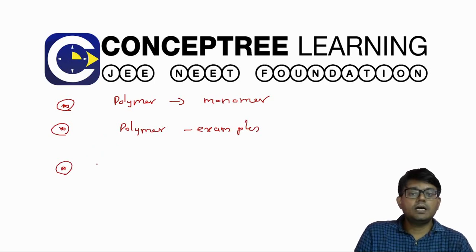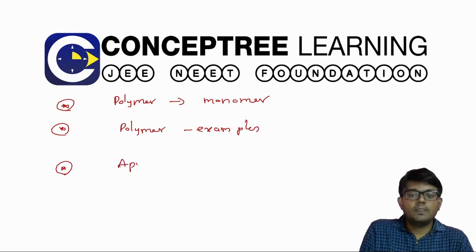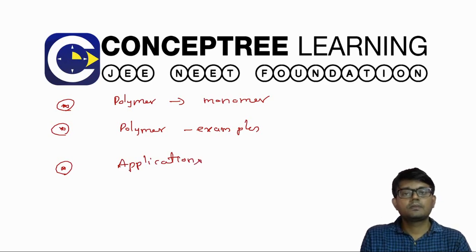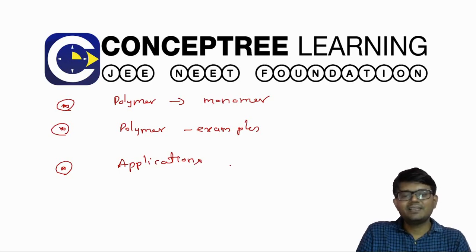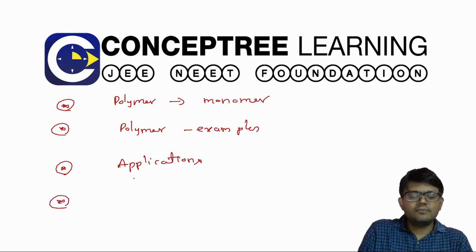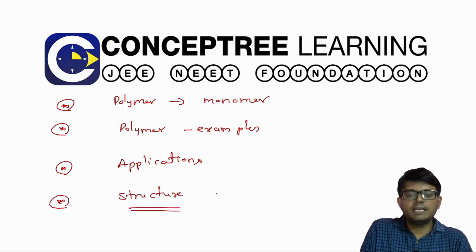Then we can have questions on applications. They'll give us an application and ask what the corresponding polymer is, or give us a polymer and ask what the corresponding applications are. And of course, we can have questions based on the structure, the repeating unit structure.